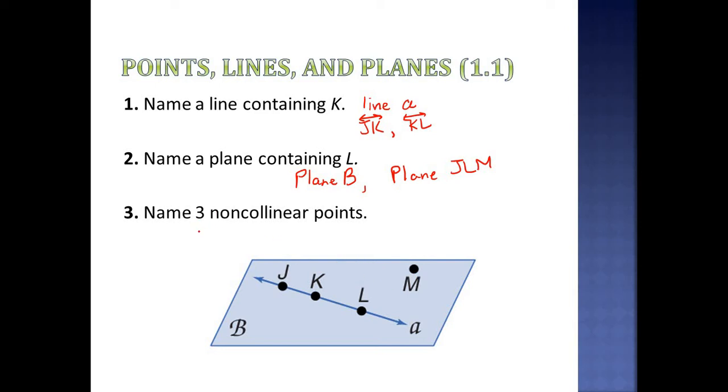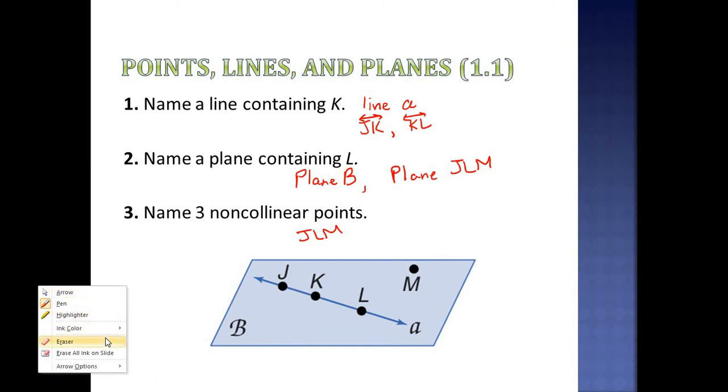And speaking of non-collinear points, 3 points that do not lie on the same line, we could take any combination of 2 of these, either JK and L, and M, because M is not on this line here. So let's use the same one that we used in the last example. We'll go JLM. Actually, you know what?